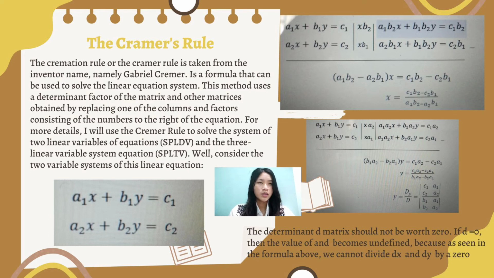Well, consider the two variable system of linear equations: A1 X plus B1 Y equals C1 and A2 X plus B2 Y equals C2. Using the elimination method, the value will be obtained, which is as follows. Okay, the example picture.